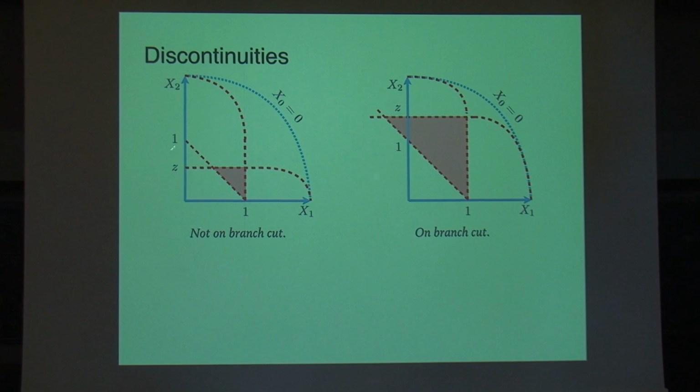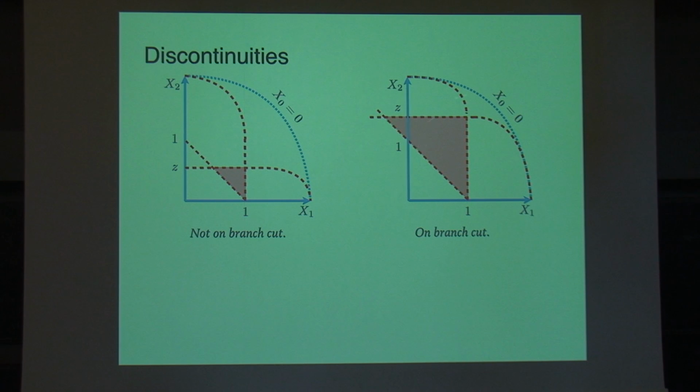We know that it has a branch cut from 1 to infinity, depending on whether this d is located on this interval or not. It either sits on the branch cut or not. In the first case, it's below 1, so it doesn't have a branch cut. In the second case, if we analytically continue to some positive value bigger than 1, we are on a branch cut, and once we are across this cut, we should get something non-trivial.